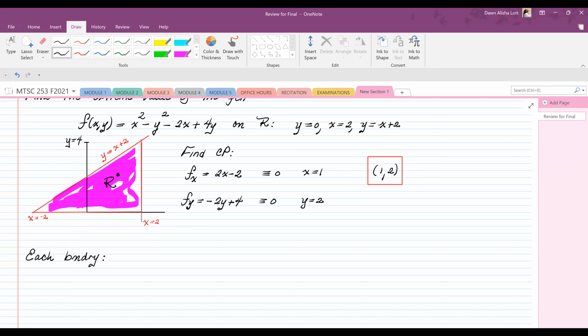All right, so each boundary. The first one is x is equal to 2. When x is equal to 2, f of x, y becomes f of just y, and that becomes 4 minus y squared minus 4 plus 4y.